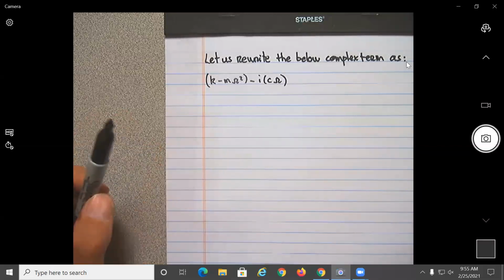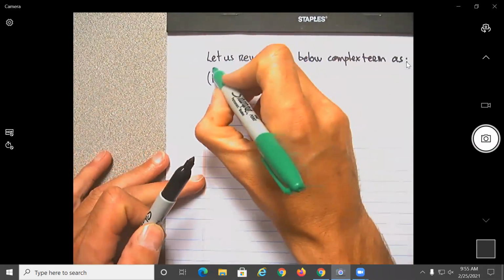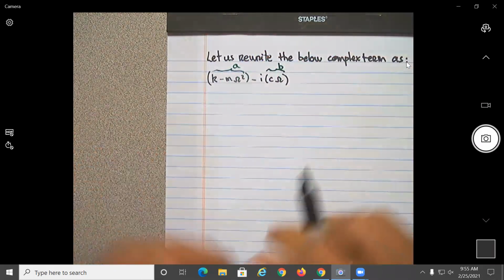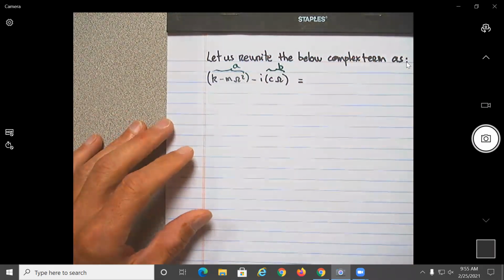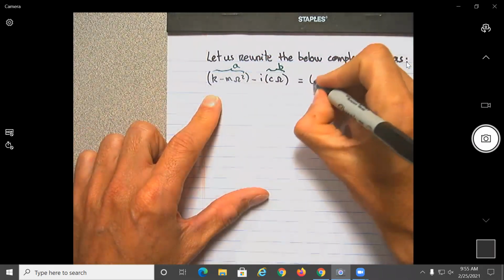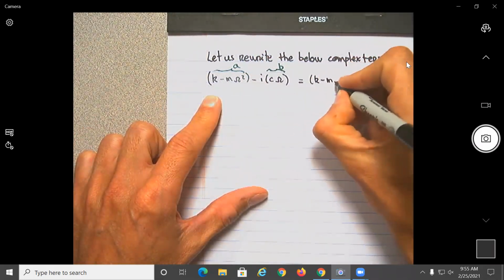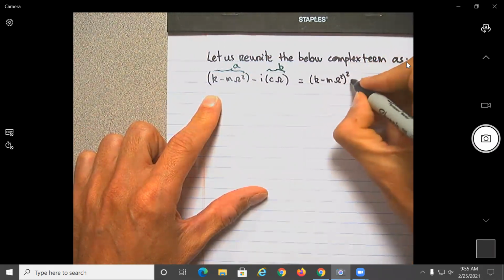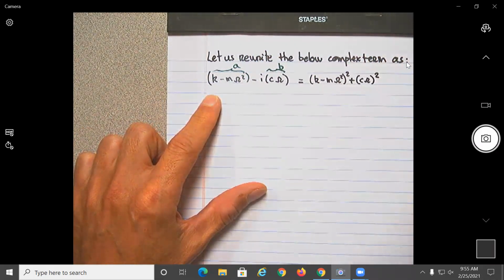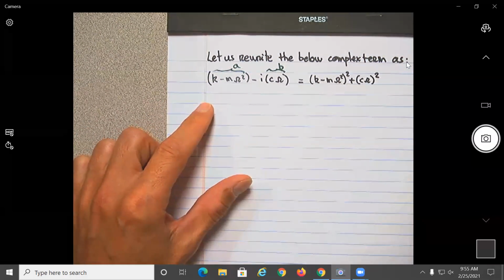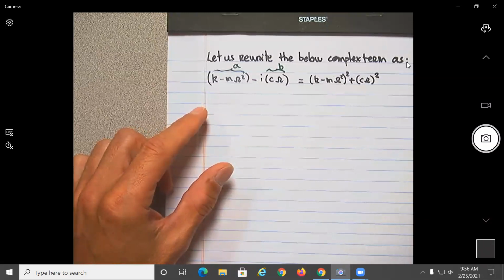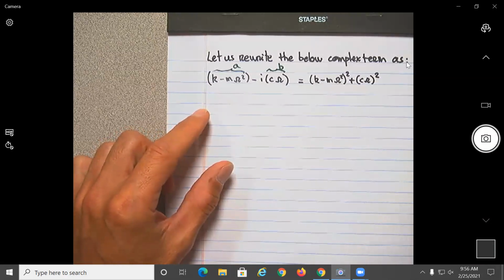All right, so in this equation, this will be A. This is our B. So what would be the amplitude? It would be the square root of K minus M omega square plus C omega square.